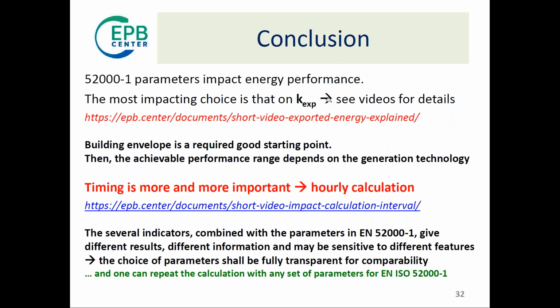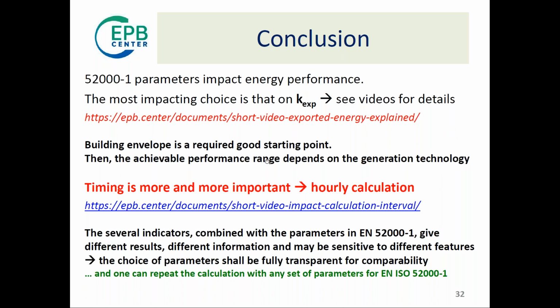And so for now, the conclusion is, of course, that if you go to realistic figures, you have some parameters in 52,000 that impact energy performance. And the most important choice is the one you see here, and this was explained in the video. Of course, the starting point is a good building envelope. It's a required good starting point, because then we have an amount of available renewable energy on site.